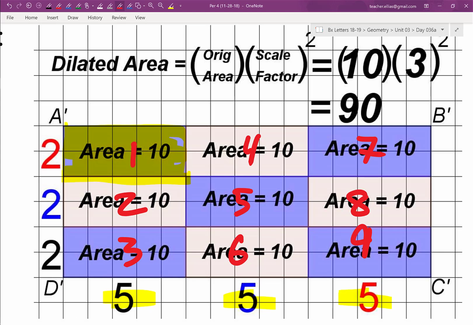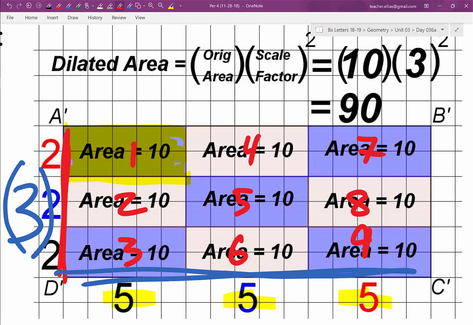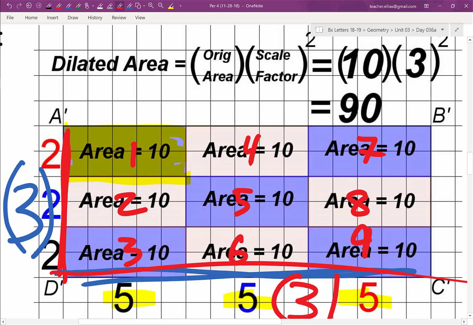It's really a height and a base, a width. So you're not only getting 3 more going up, you're getting 3 times more going across. What's 3 times 3? That's why there are 9 rectangles in there.